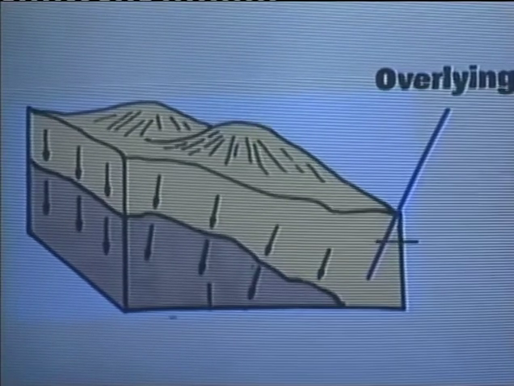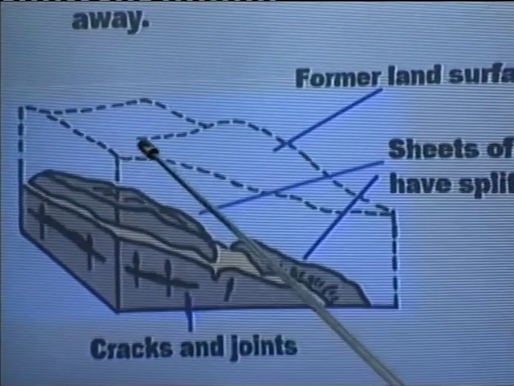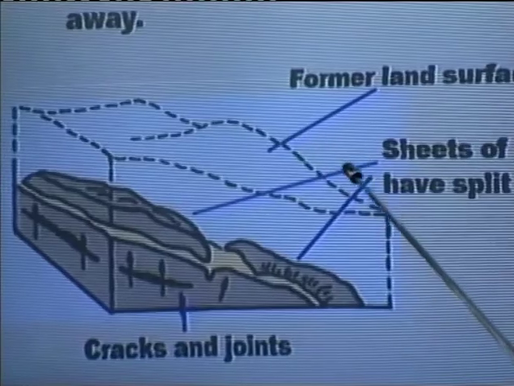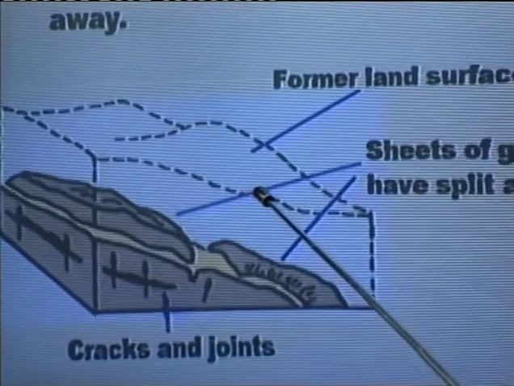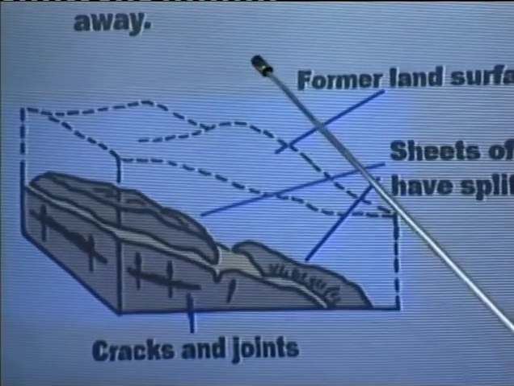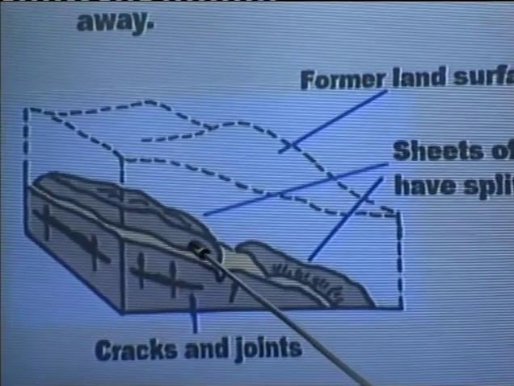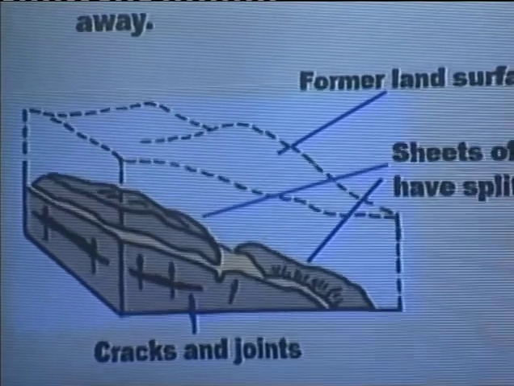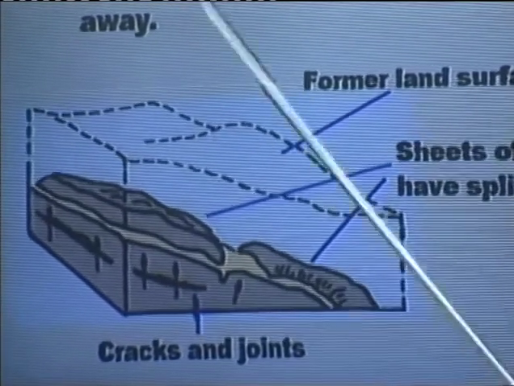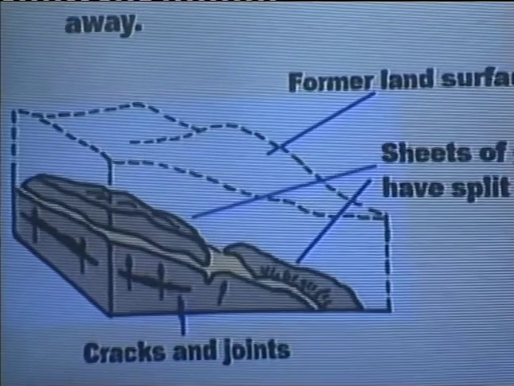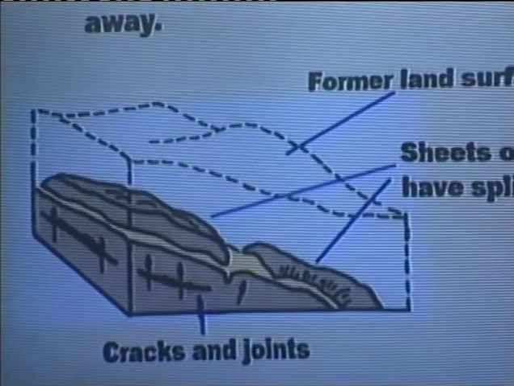Note there, as soon as the rocks on the surface are removed through the process of erosion and weathering, the pressure or the weight is released on the rocks under the surface, resulting in the splitting or cracking or breaking up. And when that happens, we say physical or mechanical weathering has taken place, and that is an example of pressure release jointing.